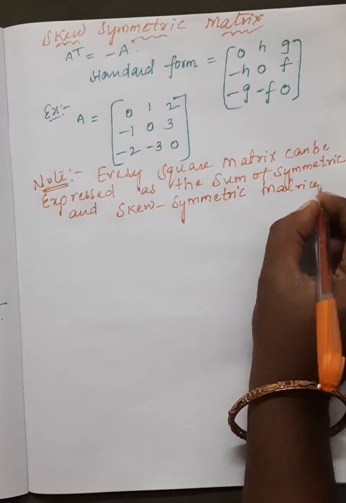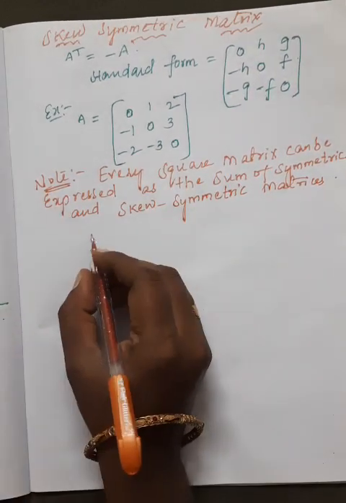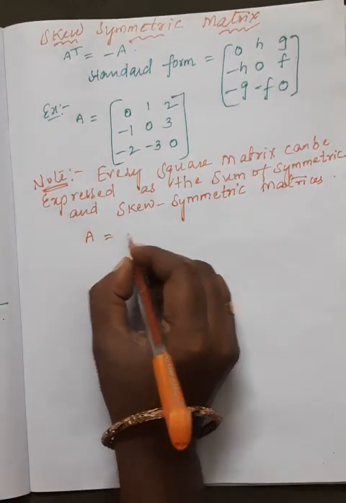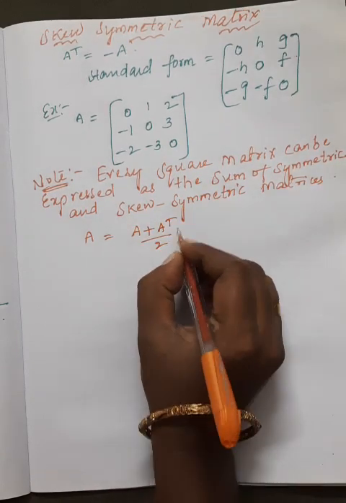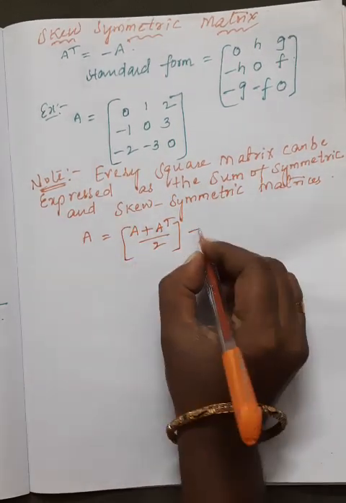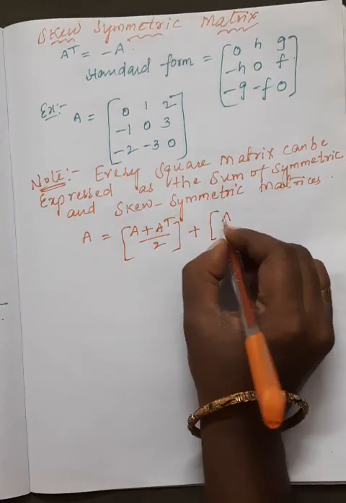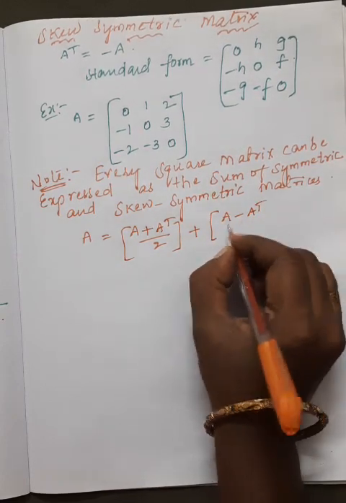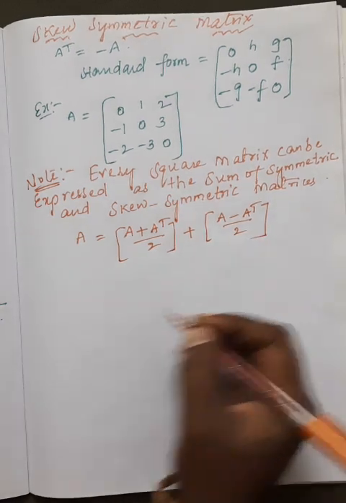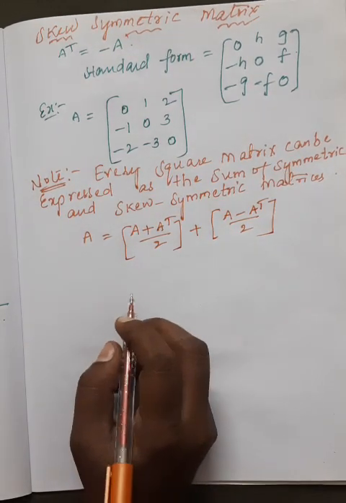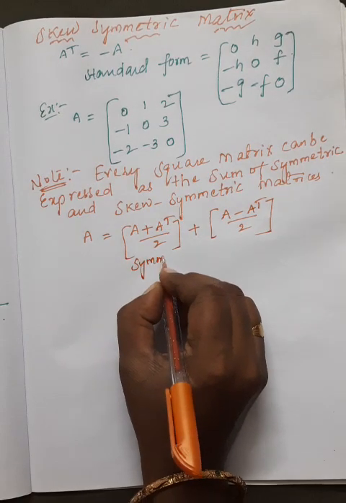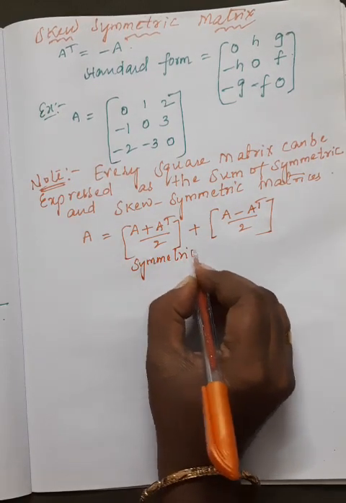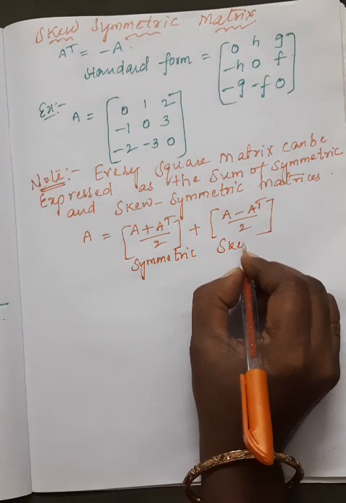So this is the important note now. That is A is equal to (A plus A transpose) by 2 plus (A minus A transpose) by 2. So this is one of the important notes here. Here the first one is symmetric and the second one is skew symmetric.